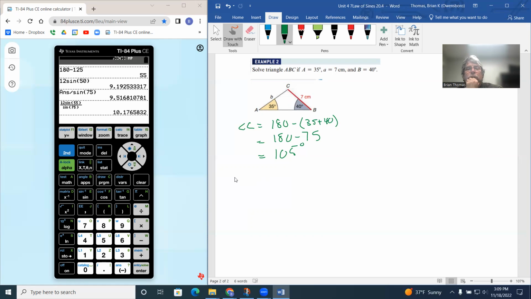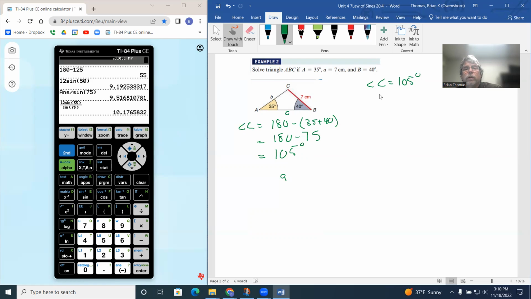So first off, let's find the sides. On this one, we actually know side A, we don't know side B, and we don't know side C. Angle C we've got, that's 105 degrees.